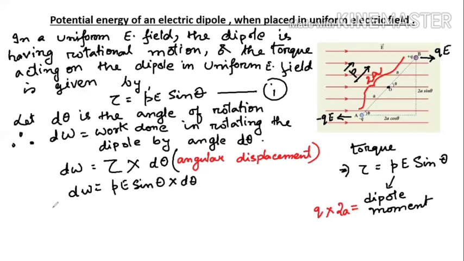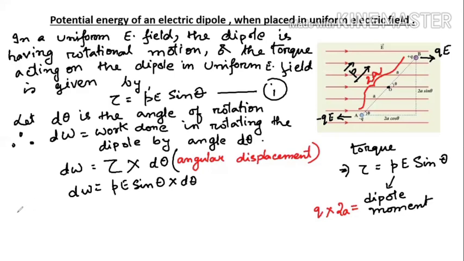Now we will consider two different angles between which the dipole is rotating in a uniform electric field, and considering those two limiting values of theta, we will find the work done.